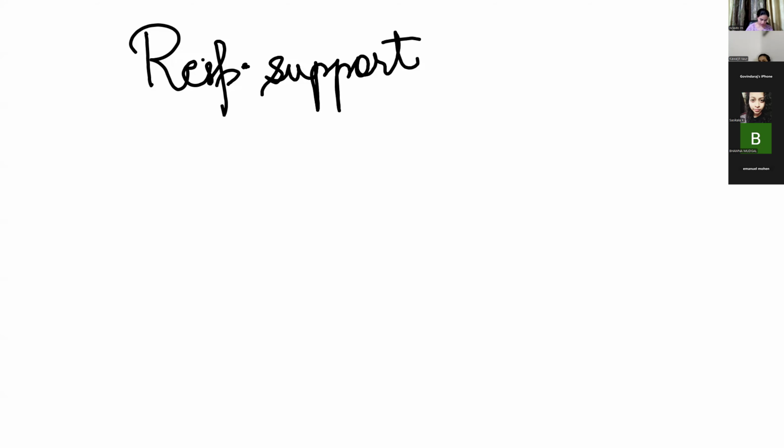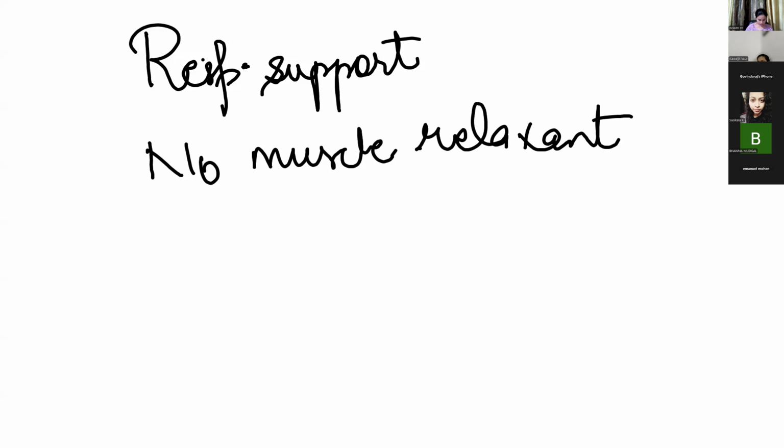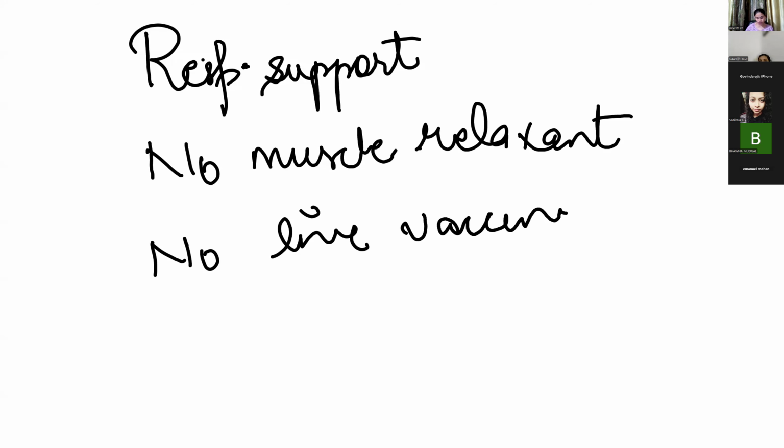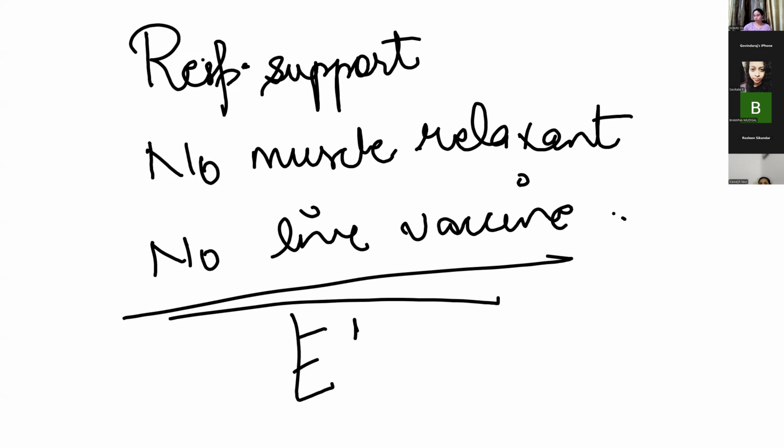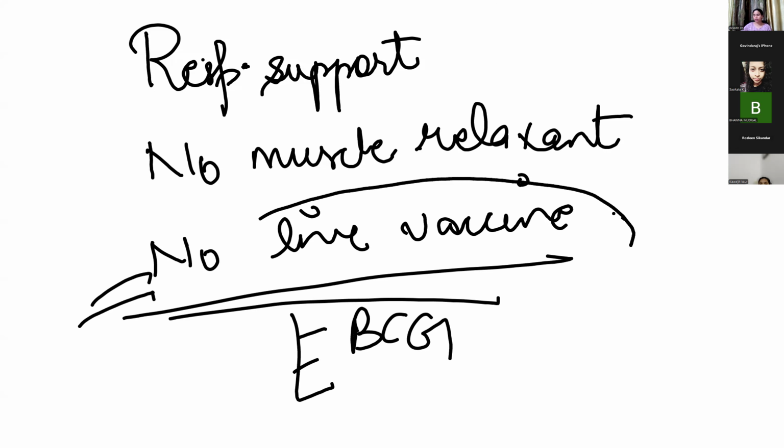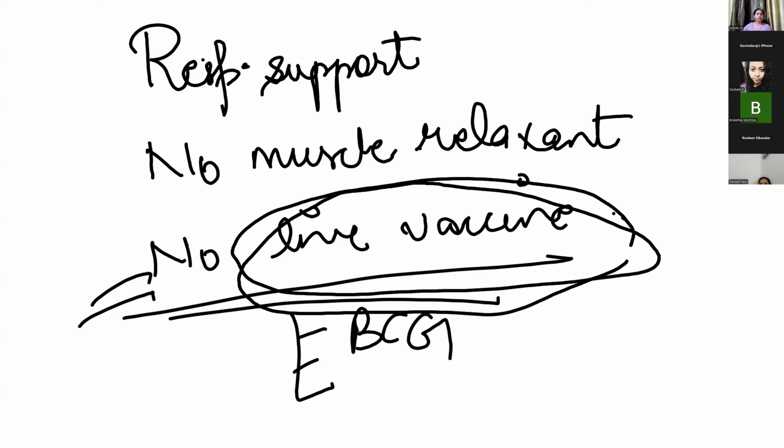You need to keep this in mind: no muscle relaxant. No live vaccine. Now, I had made you write some live vaccines. Tell me, what were they? BCG and which others? HPV. Tomorrow in the lecture everyone should know the live vaccines I covered. It is very important. You should know the names of live vaccines.